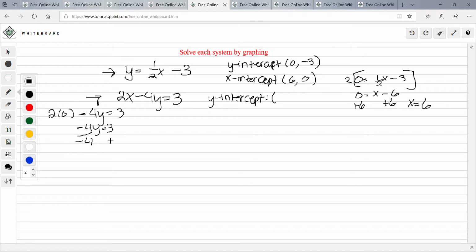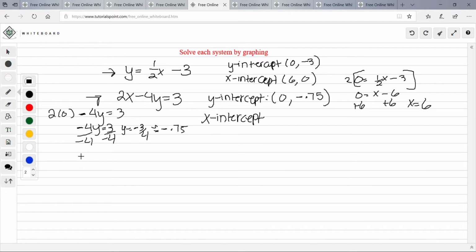Divide everything by negative 4, so y equals negative 3/4. So it's (0, -3/4), which is about negative 0.75. There's another way you can do it: you could solve for y and then do the rise over run, but I don't want to do that because I'm lazy.